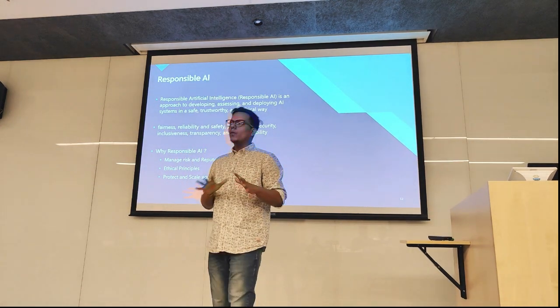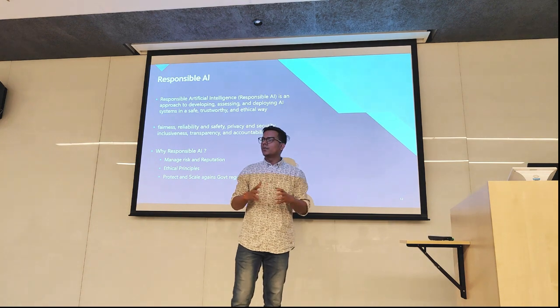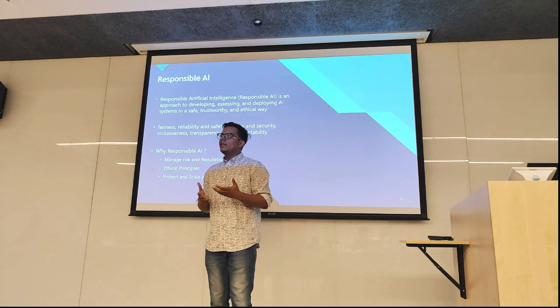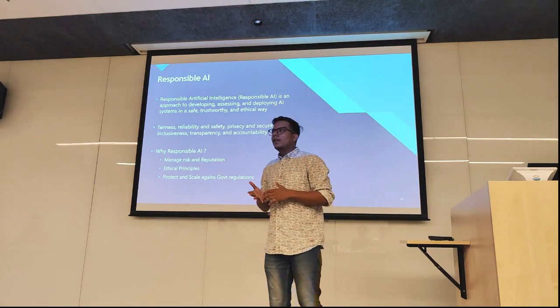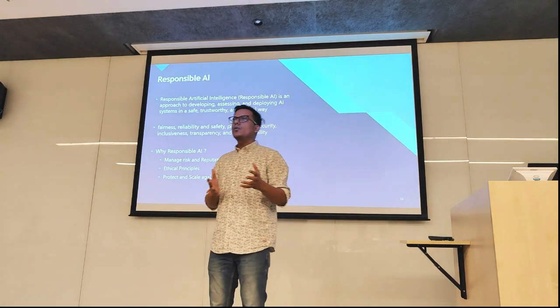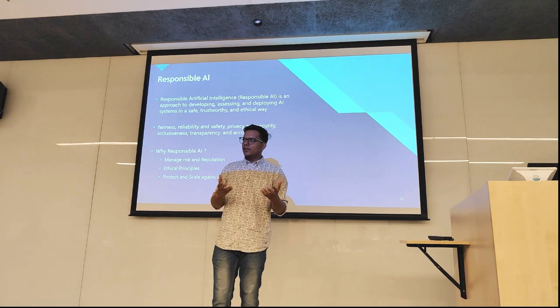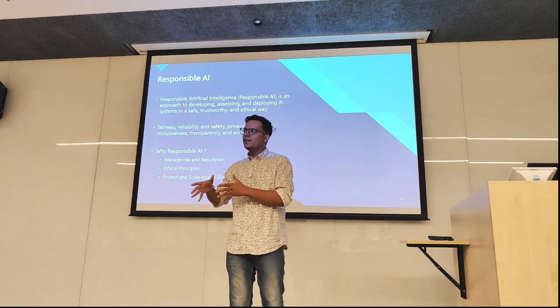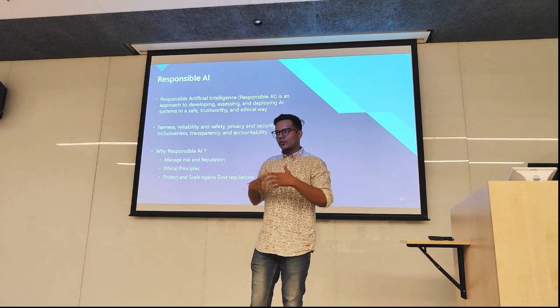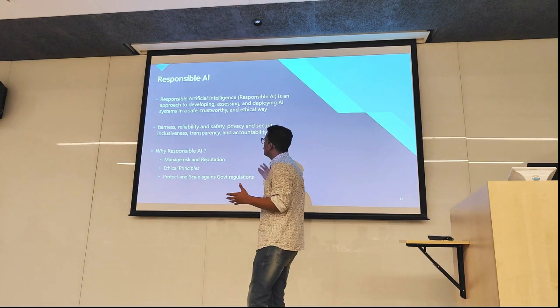You do not want AI to respond to things that are not ethical. It should give you correct answers, and it should be fair. It should not be based on some ethnicity or gender. So that comes under fairness and inclusivity.